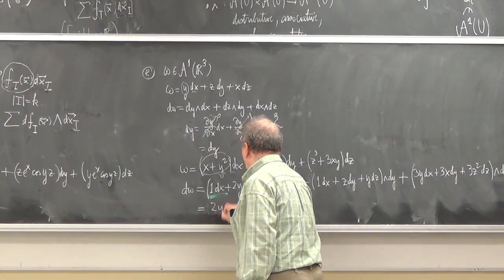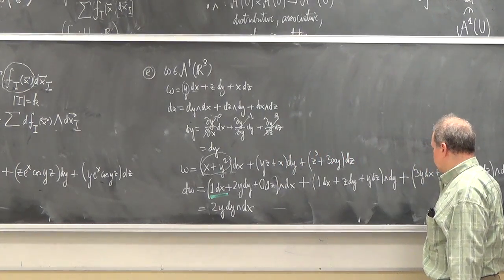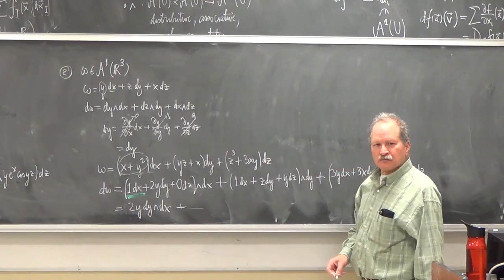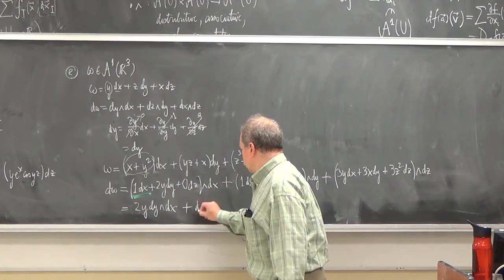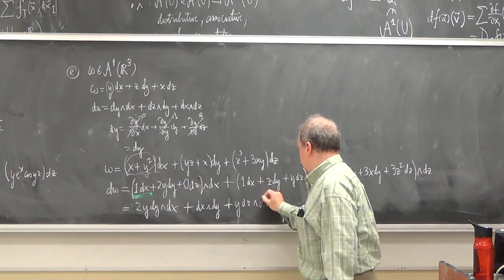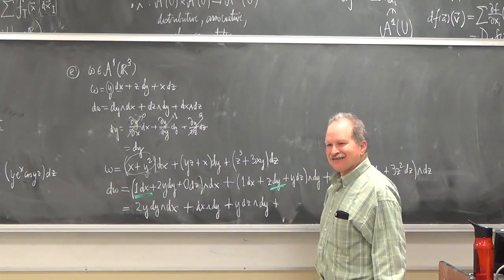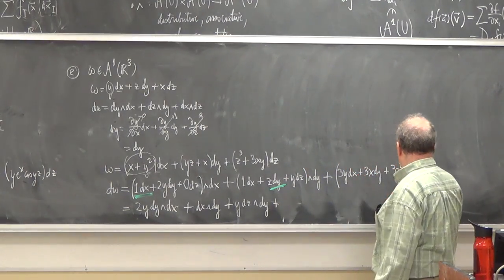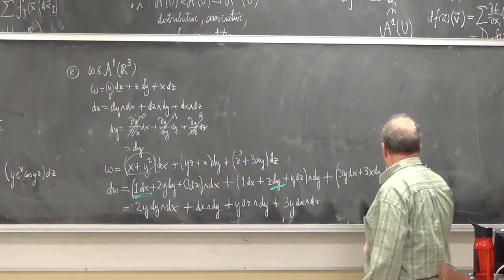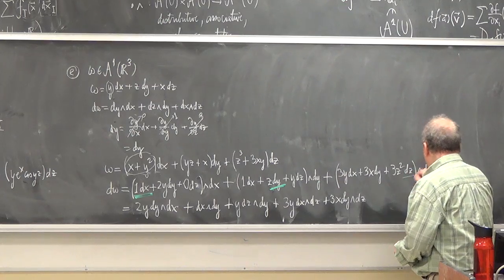I'm left with 2y dy wedge dx plus dx wedge dy plus z dz wedge dy. So again, the dy wedge dy term disappears. Plus 3y dx wedge dz plus 3x dy wedge dz, and then again the dz wedge dz goes away.